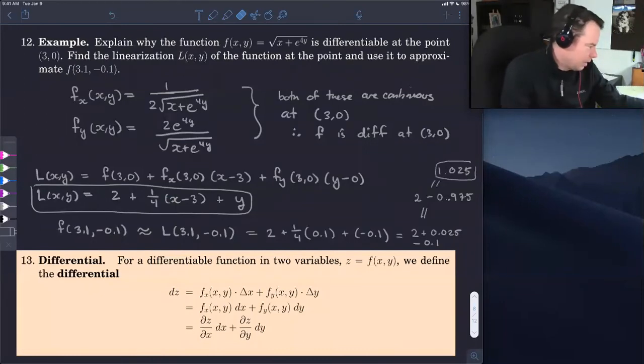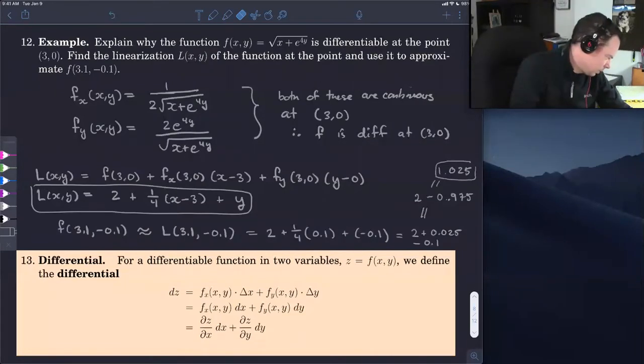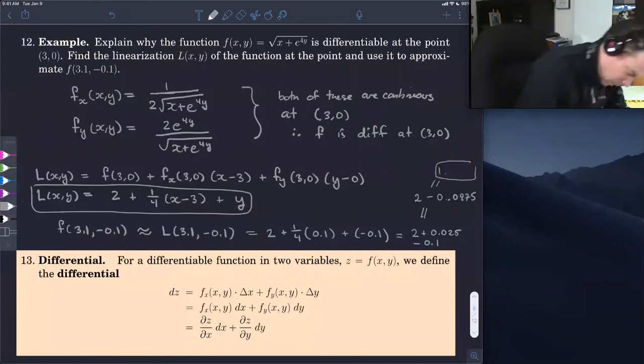I did make a mistake and I'm having a hard time seeing it right now. It should be 2 minus 0.0975. That's it. Thank you. And then what are we at now? We're at 1.9 and then 2.5, I believe. Is that right? Yeah, 1.925. There we go. That's better.